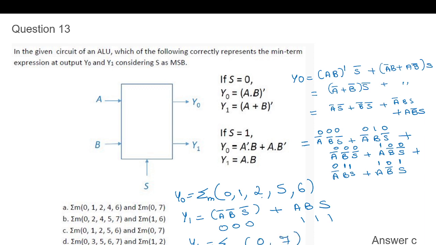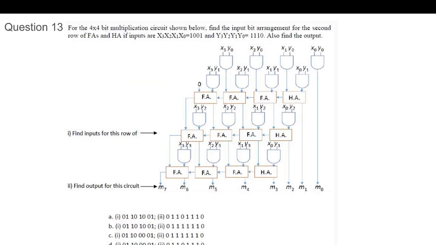So the correct answer is Y0 equals 1, 2, 5, 6 and Y1 equals 0 and 7. So option C. Is this question clear? So next we will take this question.